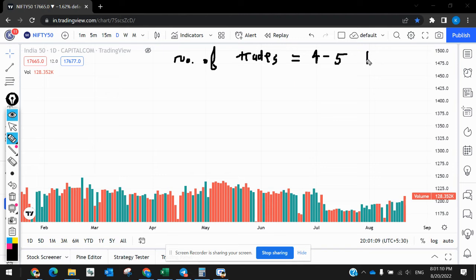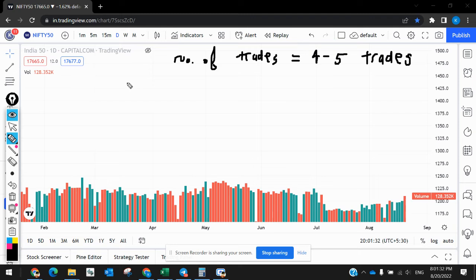The reason is, if we are having like 20 trades, 30 trades, our mind gets exhausted and we are not able to concentrate on every trade with a clear mind, especially when the initial trades become a loss.